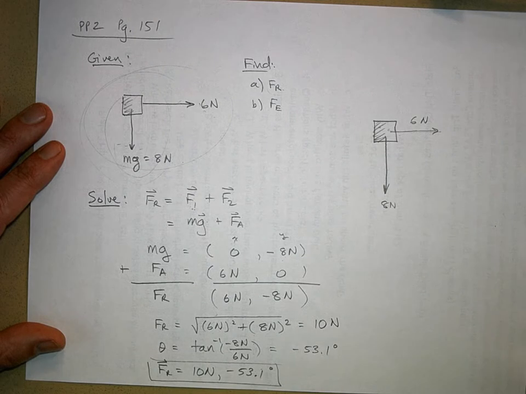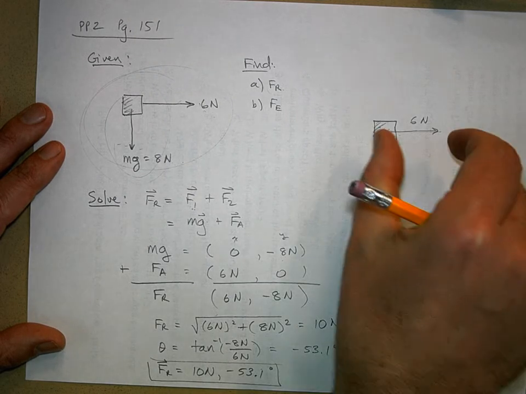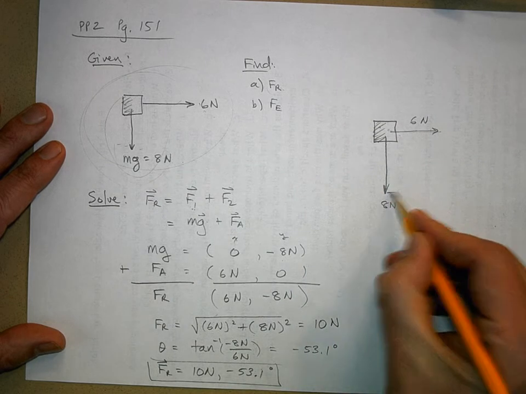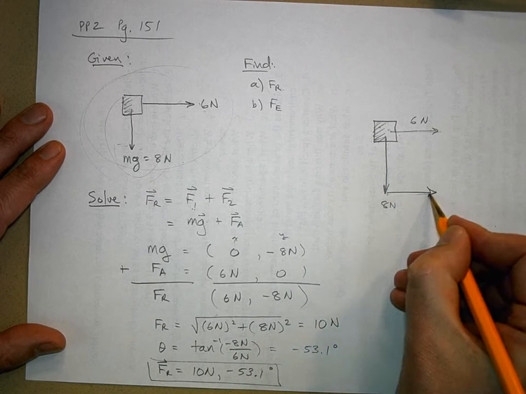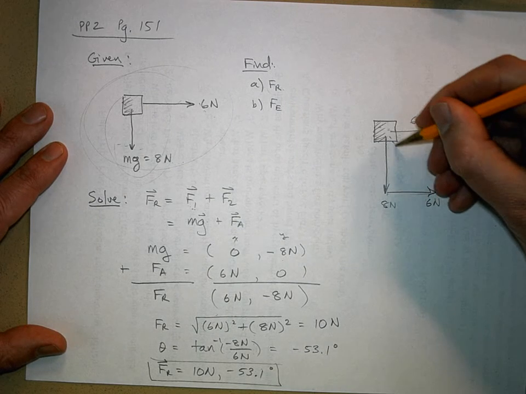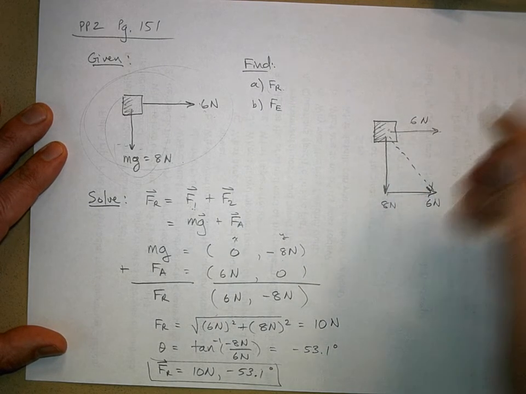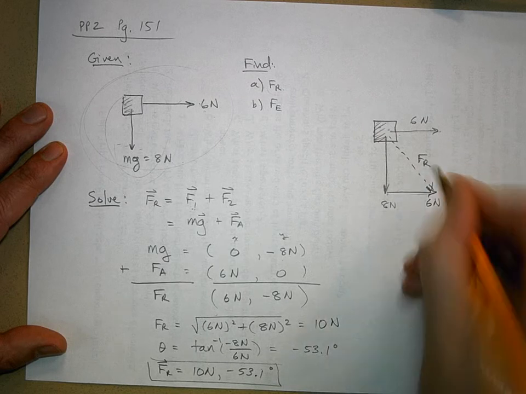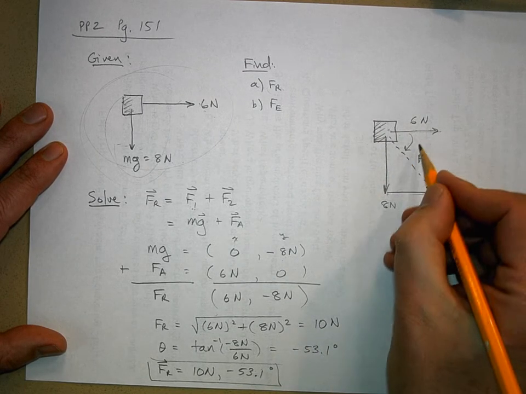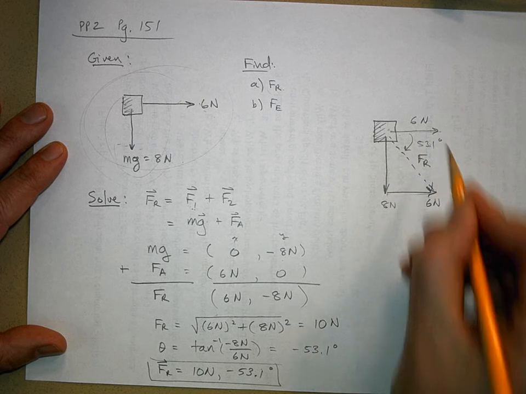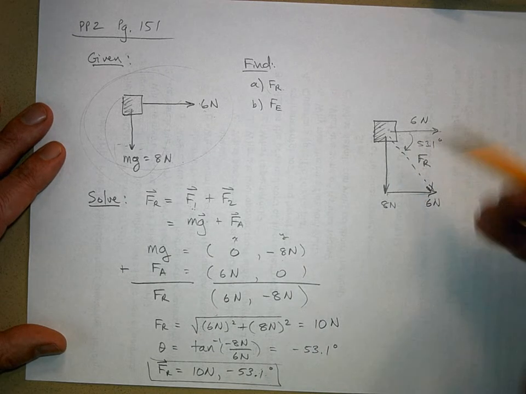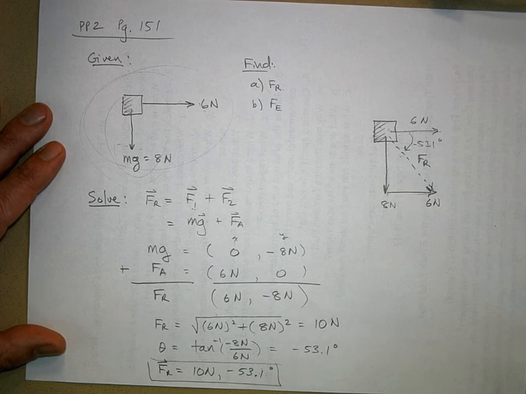I hook them up head to tail. So this is 8 newtons, this is 6 newtons, and here's my resultant. There's my resultant force right here. And that's about the right angle, isn't it? That's 53.1 degrees. So it matches my answer. See, it's negative. It goes down like that.